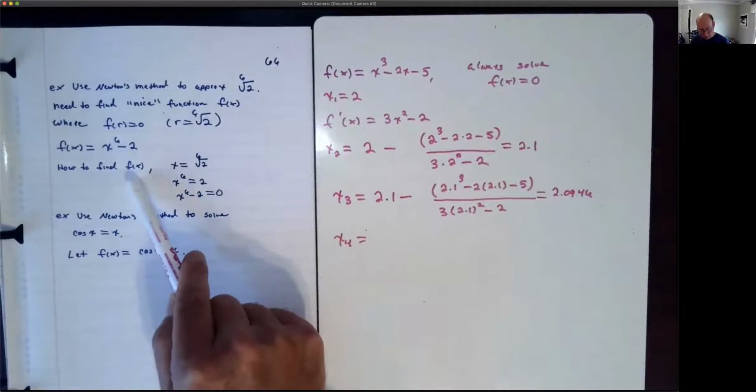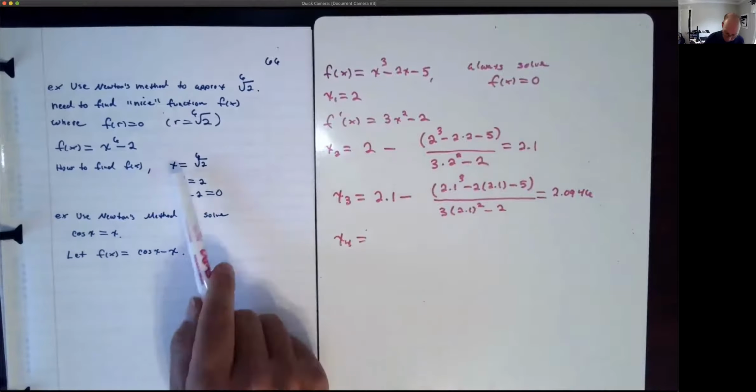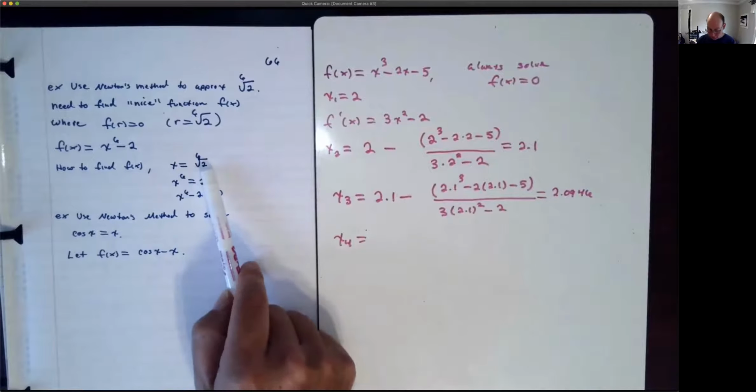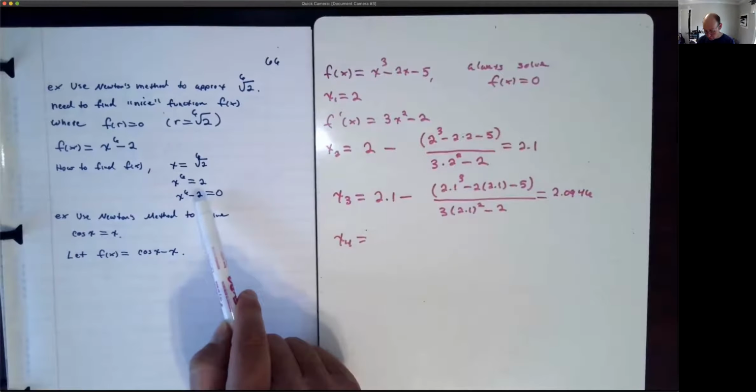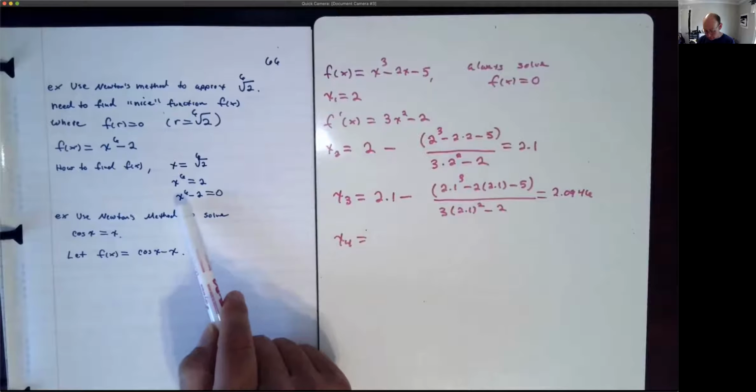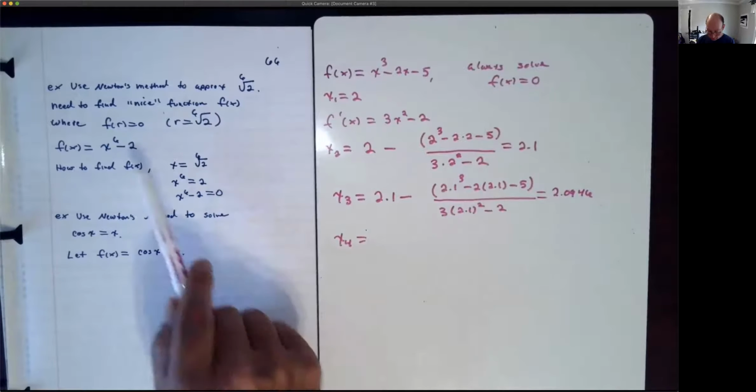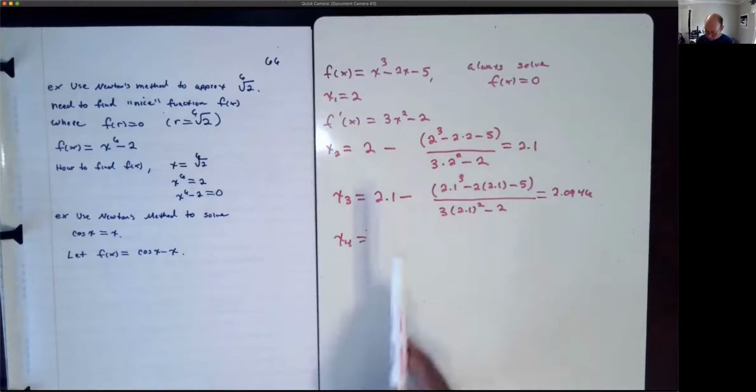So how do we find f of x? Well, let x equal the sixth root of 2, raise both sides to the sixth power, move the 2 to the left, and there's our function, x to the 6 minus 2 equals 0. It's in the right form, f of x equals 0, right?